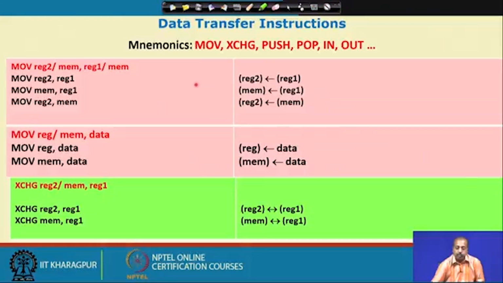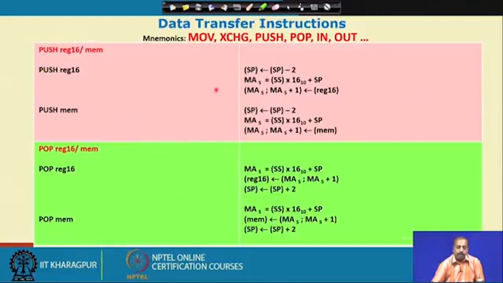Next, we will look into the other data transfer instructions, like push and pop. The push instruction works with push register 16, so the 16 bit registers can be pushed, like push AX, or say push BX.